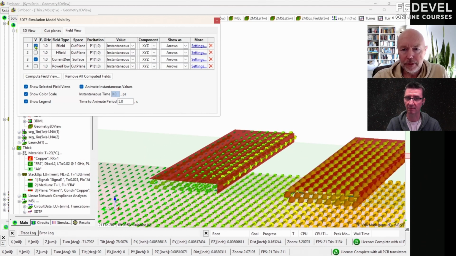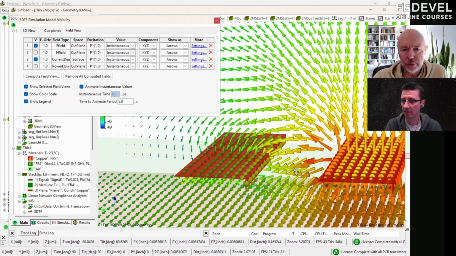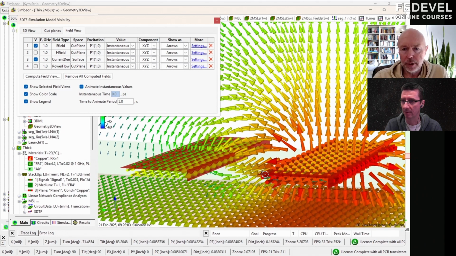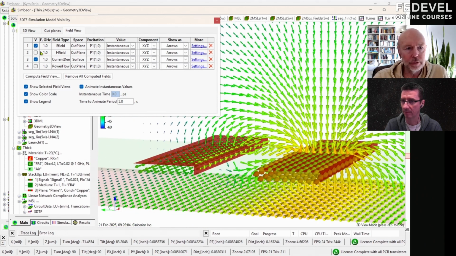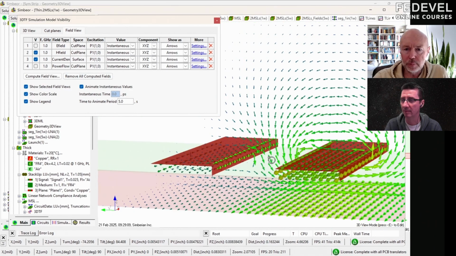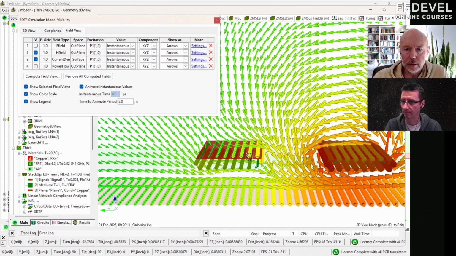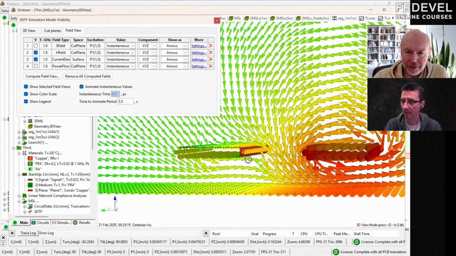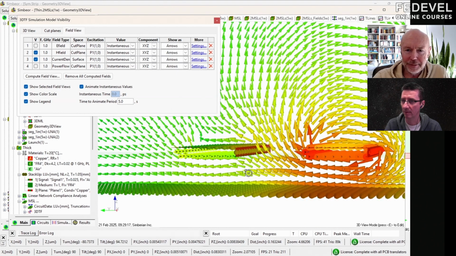They are generated exactly by the field, the electric and magnetic fields, both. Right here we're looking at electric field plus currents, and right here we're looking at magnetic fields plus currents. And notice the magnetic field direction on both ends of the trace.